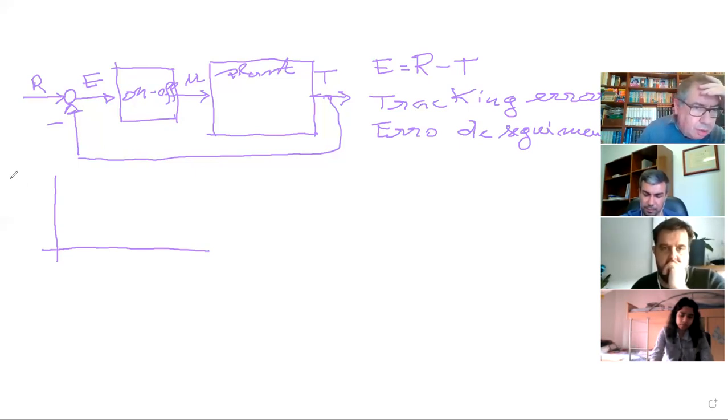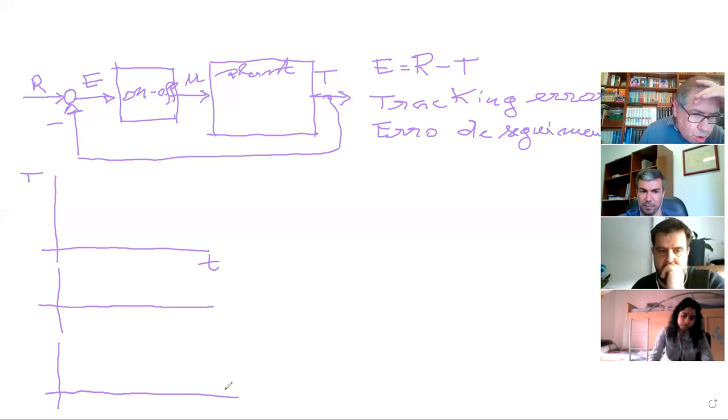This is the temperature, and this is time, and this is the error, and this is U. Okay, and we have a reference, so I write the reference in red because it's our target.